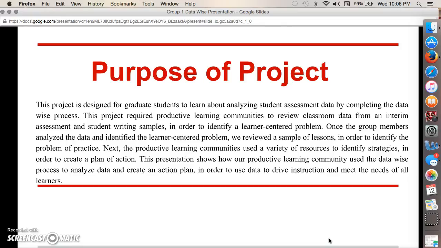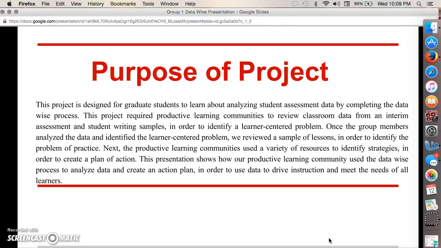We really took a look at each question and their writing samples, and we collaborated back and forth, and we tried to think like they were. And we named a learner-centered problem, such as the students are having trouble doing this, that, and so forth. That is an example of a learner-centered problem.